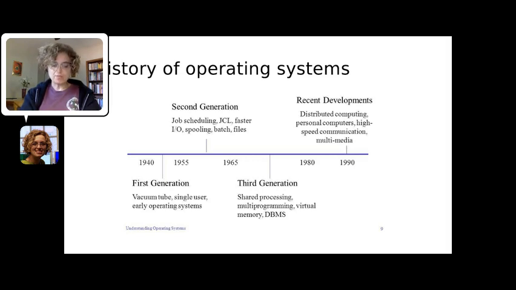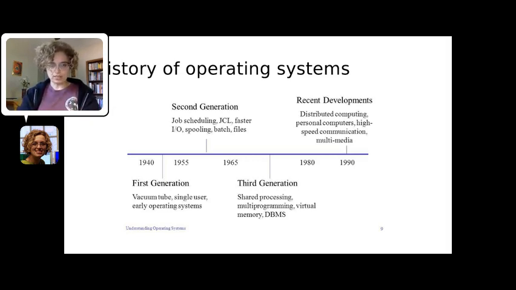It was a time of punch cards where users had to load even their compilers and whatever tools they were using, and load the program that they had to use, and then use the system, and then clean up everything for the next user to come over and use this same system.